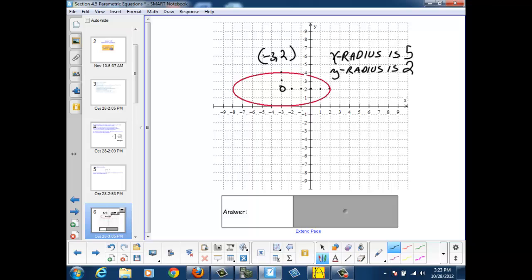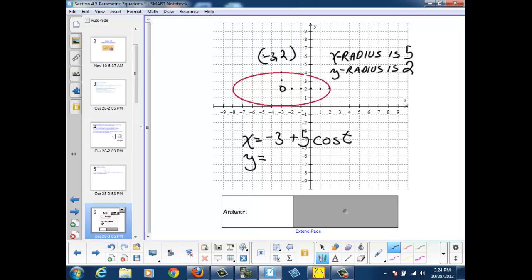Now I simply need to incorporate this information into my parametric equation. So x is going to be -3 plus 5 cosine t, the x coordinate for the center and the x radius.